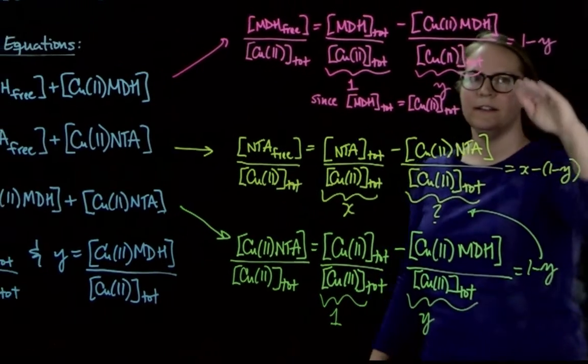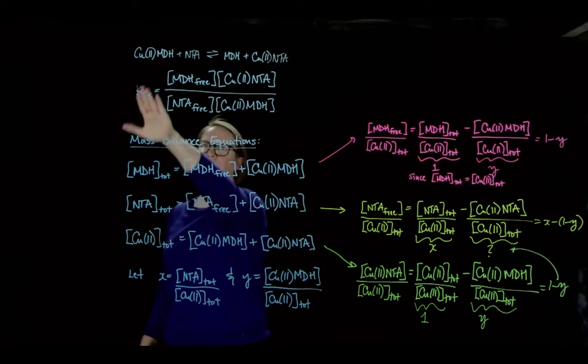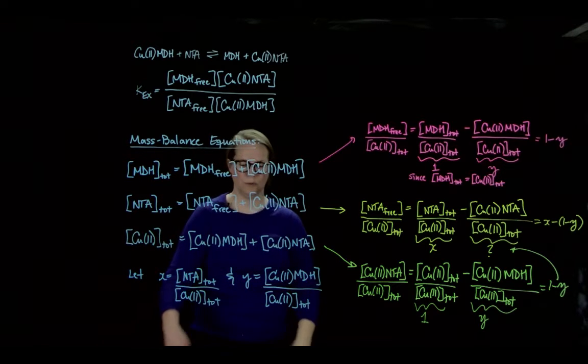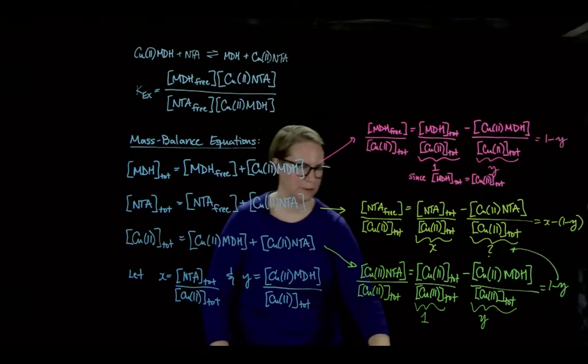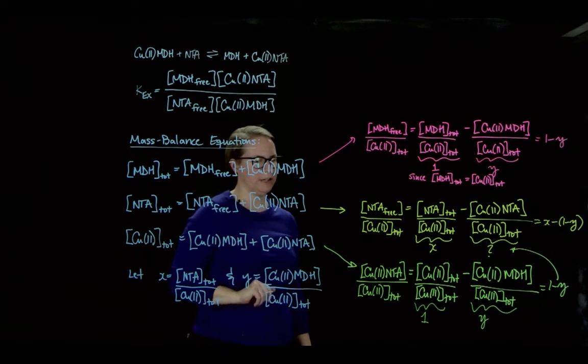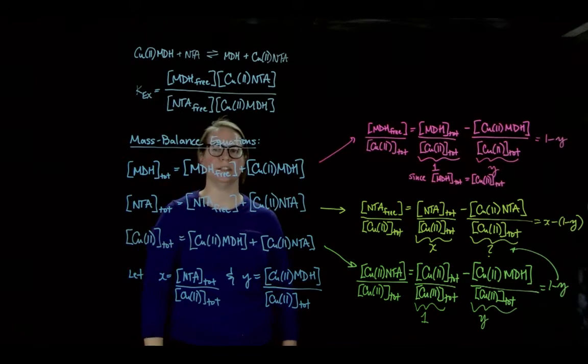So now we can take these expressions and we can sub them into our equilibrium expression. However, we need to do one more step before we do that, because every expression over here is divided by a concentration of copper 2. We need to divide everything here by a concentration of copper 2.